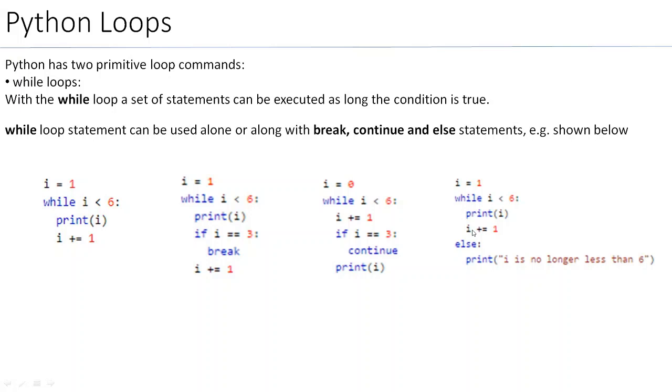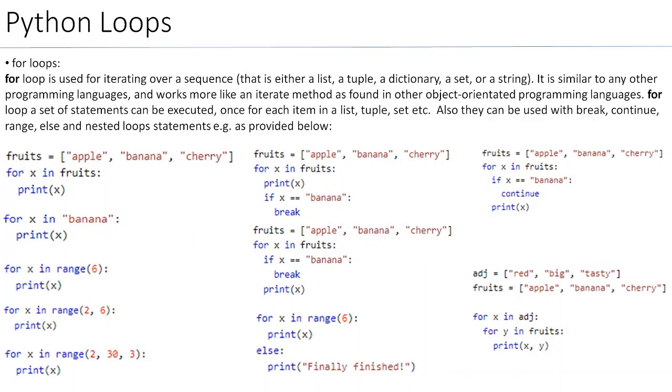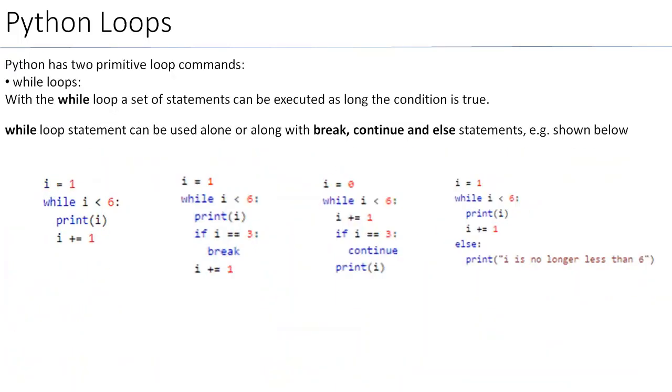And along with the while, you can also use else. Here it prints up to 5, and once it is done, it will come out of the loop and come to the else, saying i is no longer less than 6. That is what we can do with the else. So this is how we can use the while loop. Let us go to the practicals and do the hands-on session.